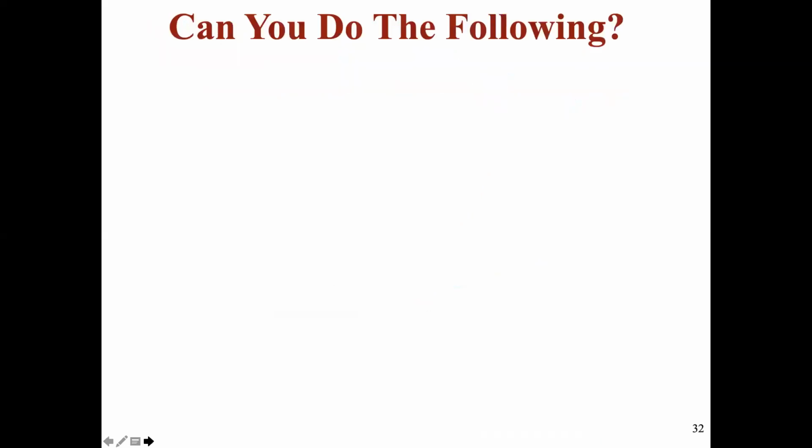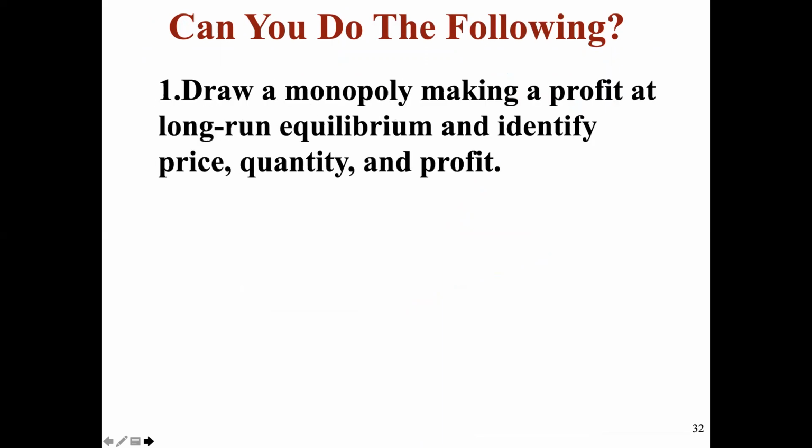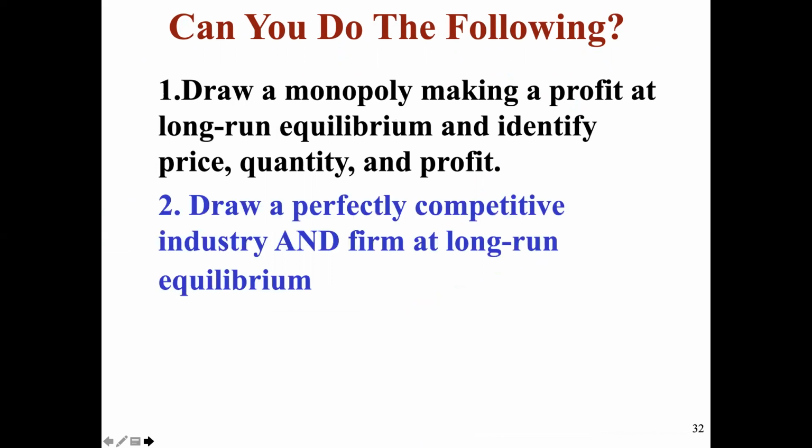Okay, so now that we've moved towards the end of this video, after working on these last 2 lessons, you should be able to do 3 things in comparison now. The first thing you should be able to do is draw a regular, non-price discriminating monopoly, making a profit, that's at long run equilibrium, and you should be able to identify its price, its quantity, and its profit.